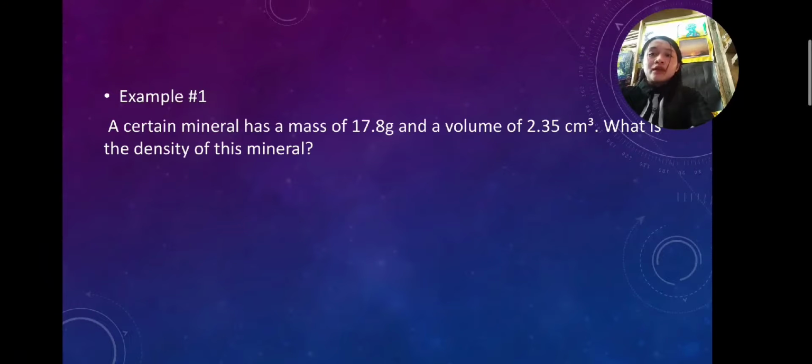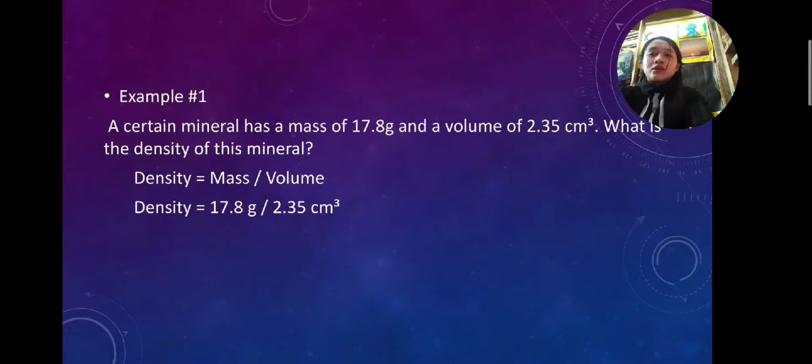And then we have example number 1 using density. A certain mineral has a mass of 17.8 grams and a volume of 2.35 cubic centimeters. What is the density of this mineral? We have the formula: density equals mass over volume.